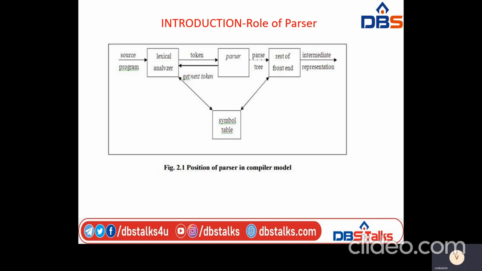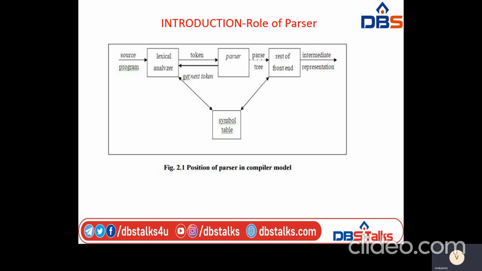A lexical analyzer reads a source program character by character and produces tokens, and the corresponding token information is passed to the syntax analysis. Whenever a token is generated, the lexical analyzer stores the token information in the symbol table. After that, the syntax analysis receives the token and sends a request to the lexical analyzer for the next token.